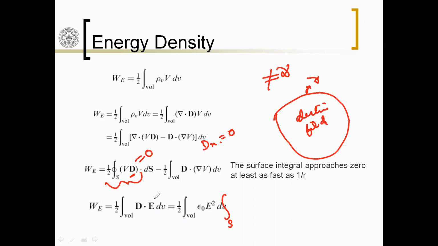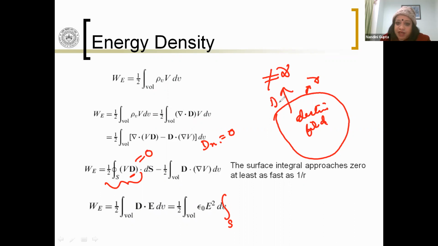Ma'am, you asked: is there any possibility of a surface having a finite radius without field lines going outside? Exactly, that's what I'm getting at. If you can ensure that Dn equal to 0, then this term will go to 0.